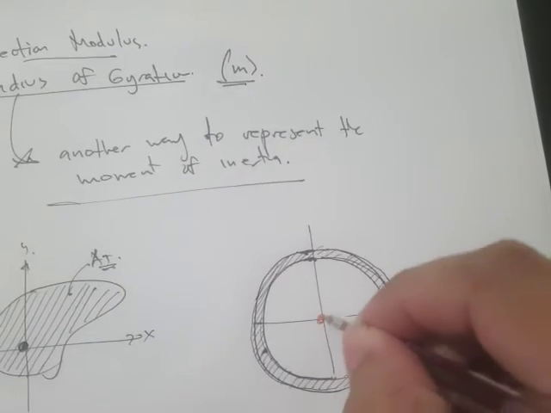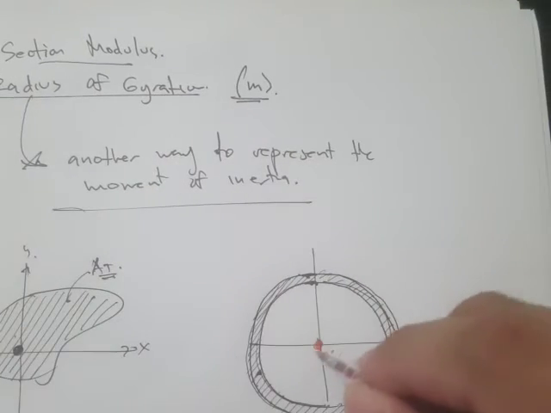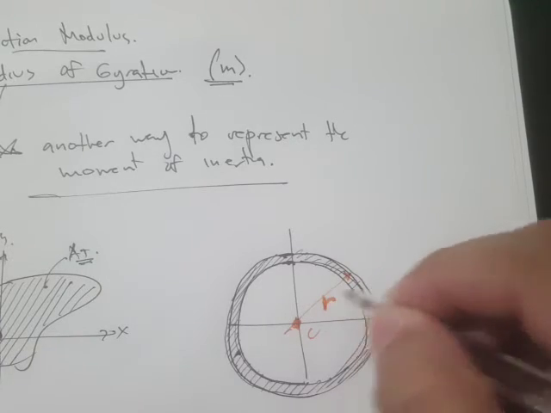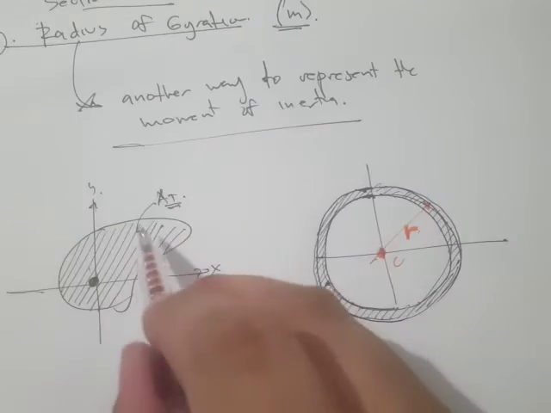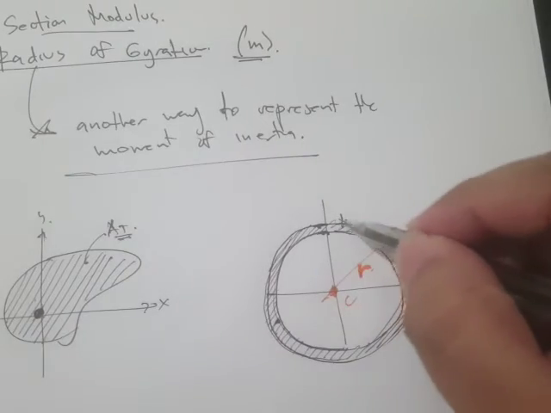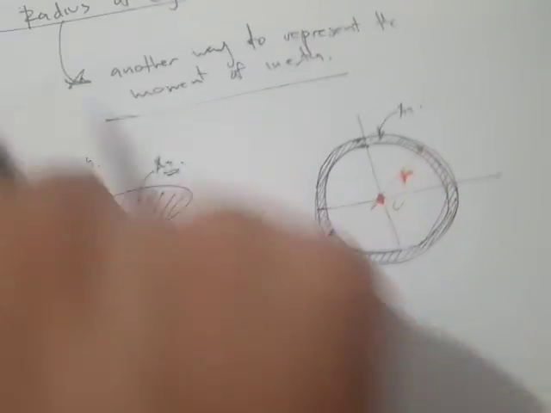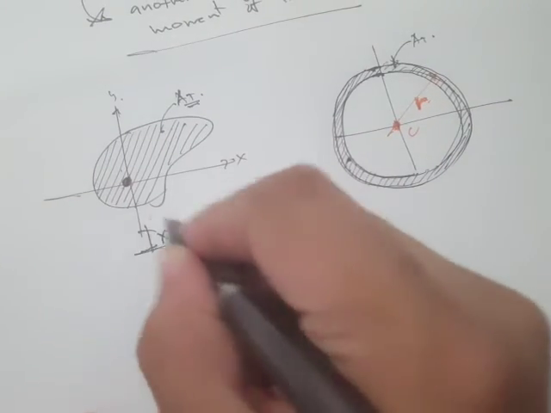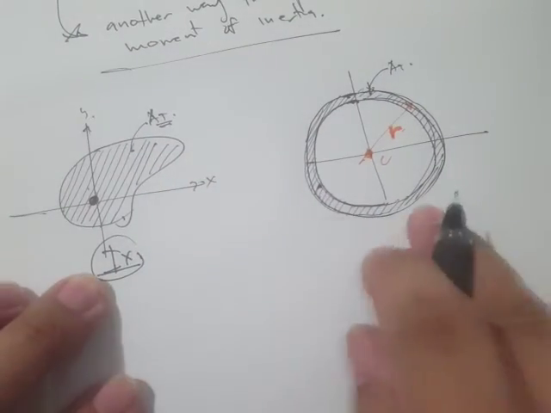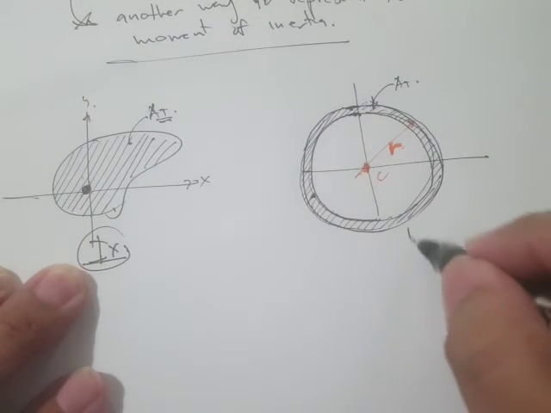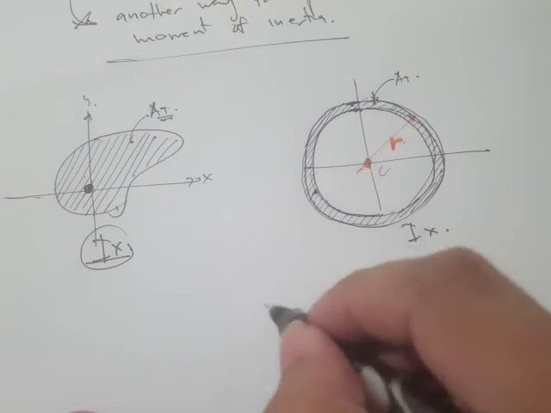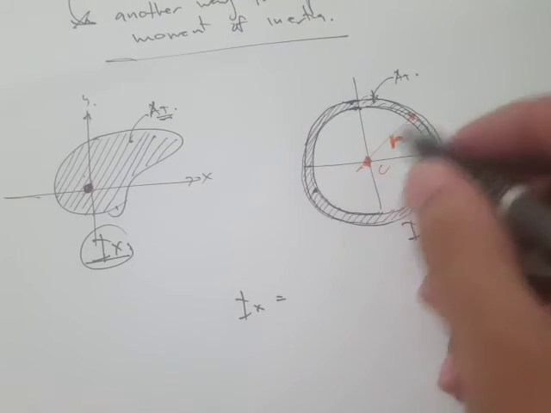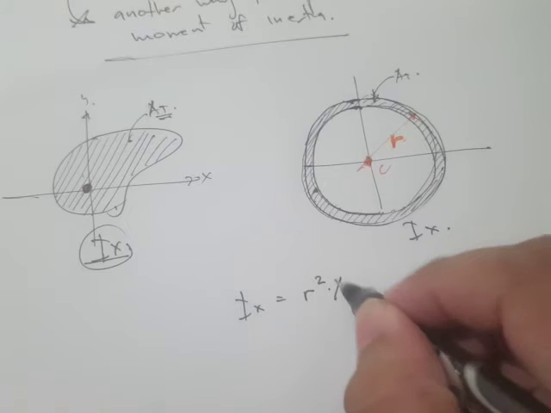So if this is still the centroid, what's going to be the farthest distance? R, or sometimes they use the symbol K instead of R. This total area is the same total area as before. What that means is that the moment of inertia Ix of this shape must be the same. So we can write this distance, r squared times the area.